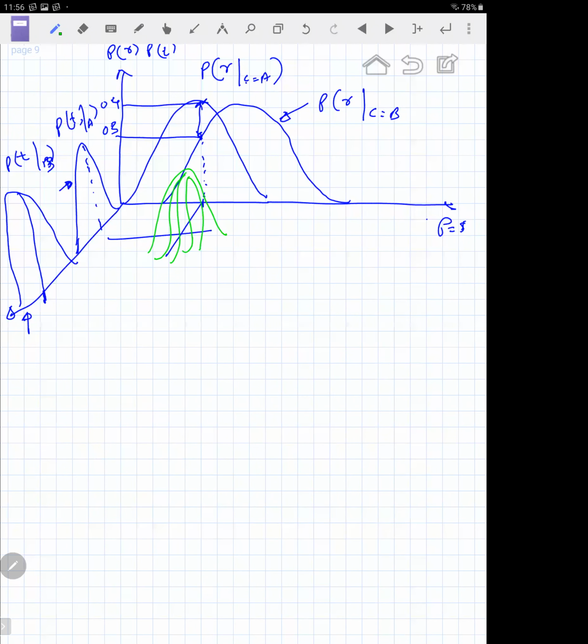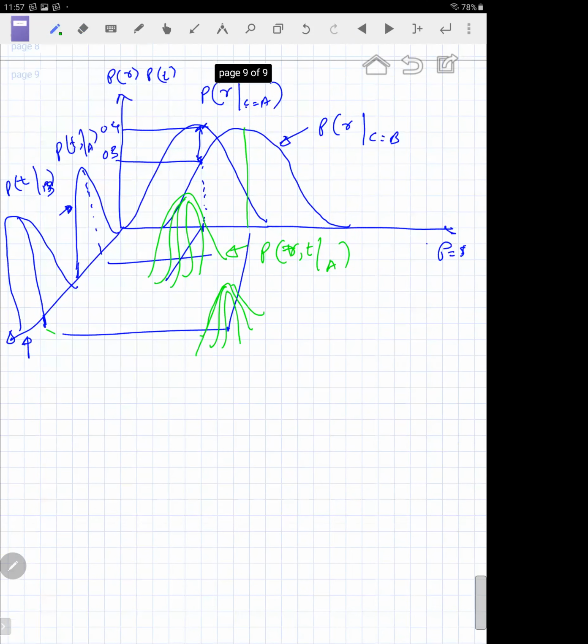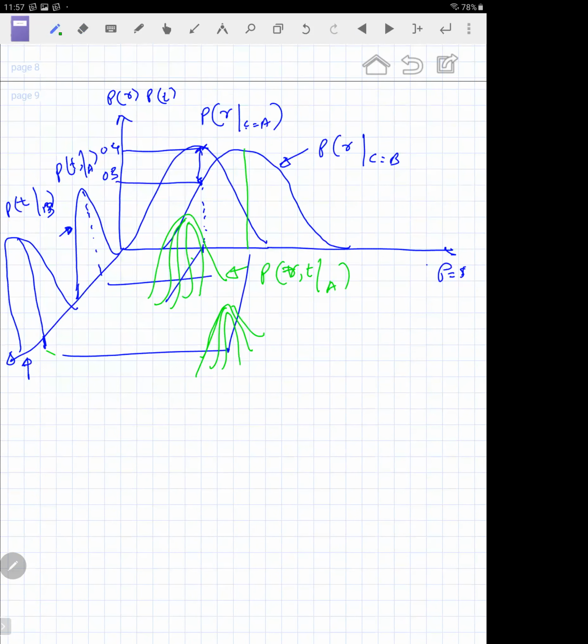I have this joint distribution of probability of R and T given city A. And if I were to plot the same thing for city B, what do I see? I see my joint distribution falling somewhere here. Now, at this point, I can very clearly discriminate between these two distributions.